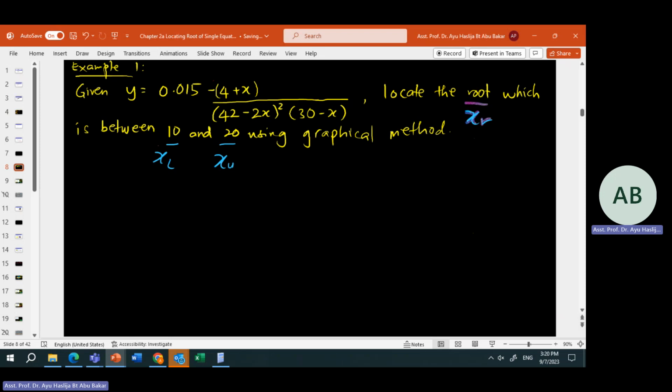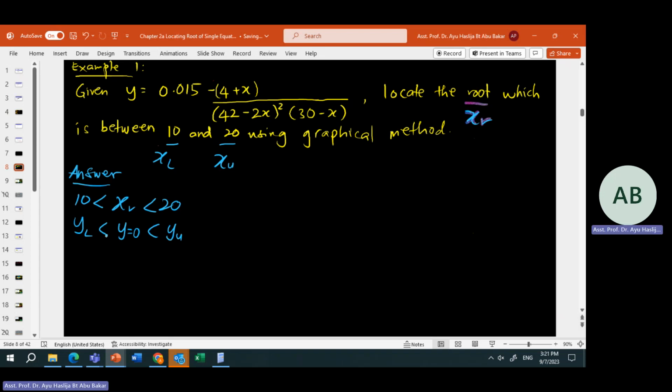Okay, next, what you need to do? We already identified that your XR is between 10 and 20. Now identify what your YL and YU are.